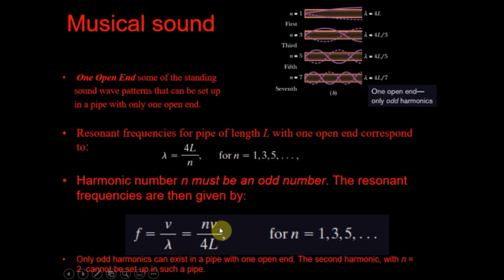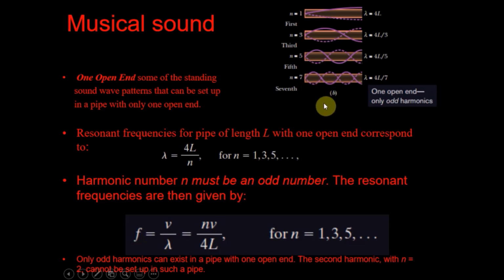Here f is going to be nv over 4L, essentially substituting in for lambda again as we did before, taking the n to the top, for n being 1, 3, 5, etc. So this means that only odd harmonics can exist in a pipe with one open end. You can never use n equals 2 in a pipe with a closed end.